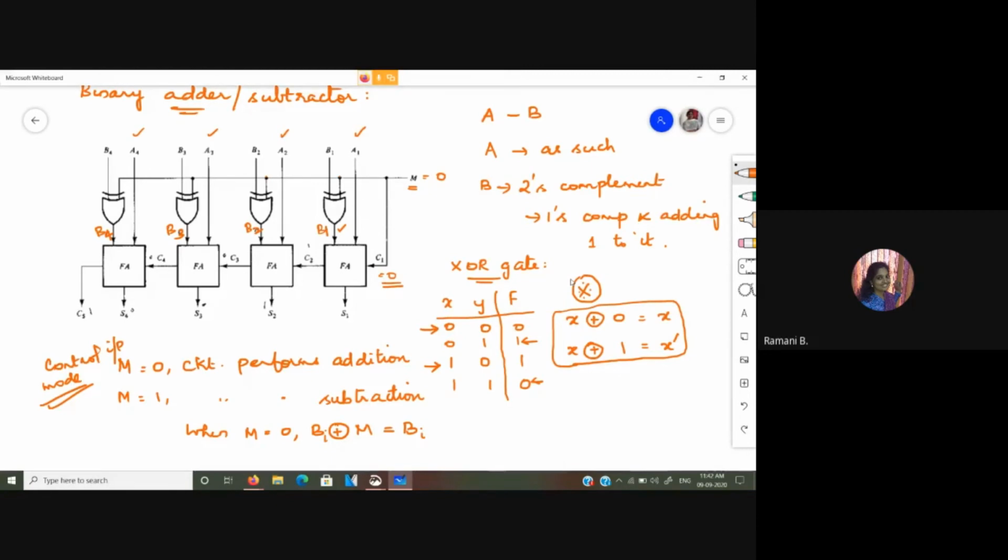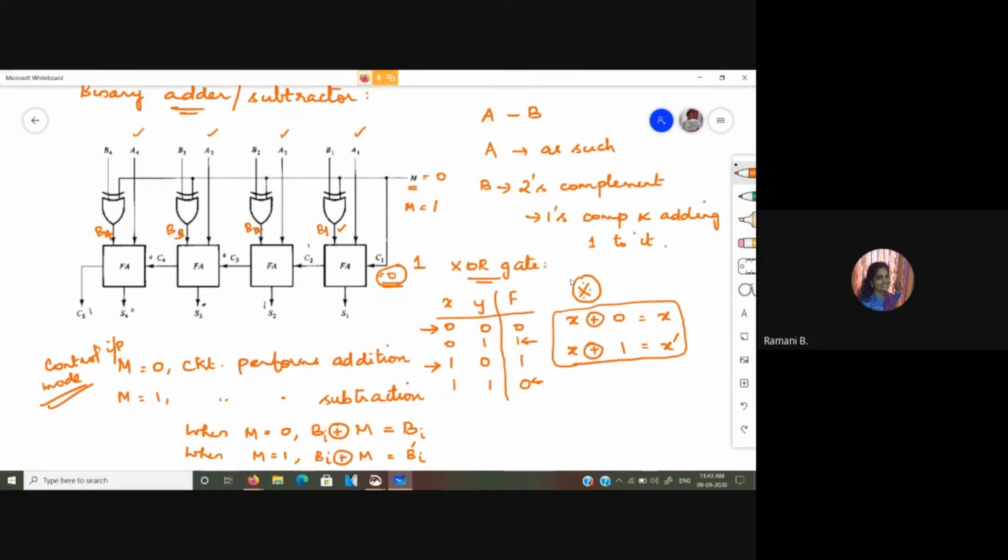Now, when M is equal to 1, BI XORed with M will give me BI complement, that is, the 1's complement of the number will be obtained over here. And in this we consider M is equal to 1, so this input carry also becomes 1.